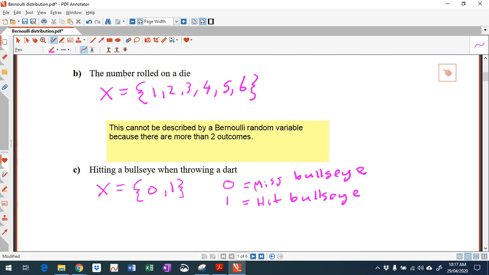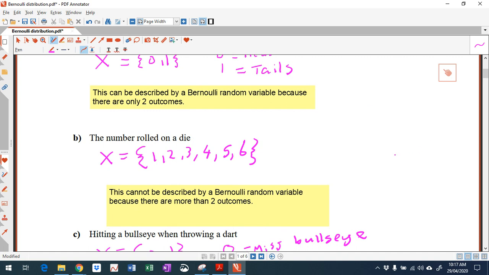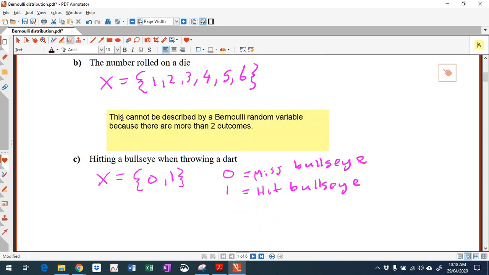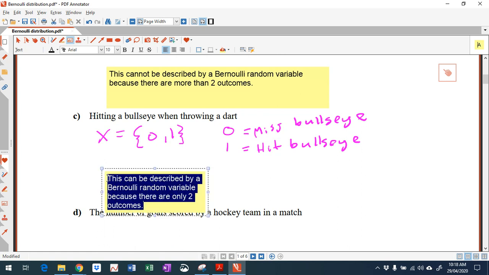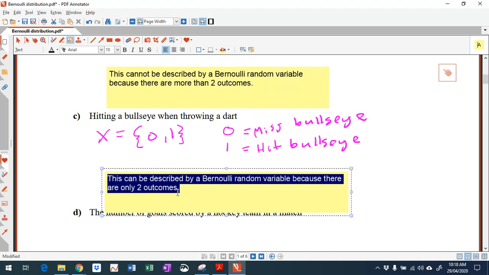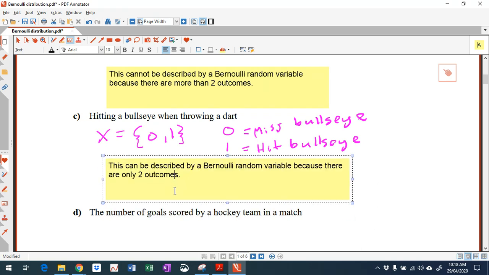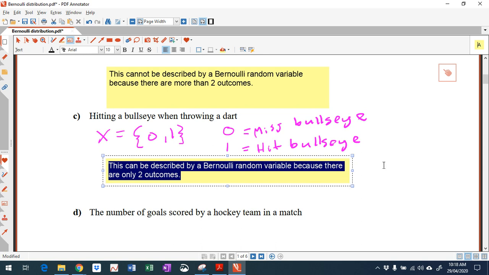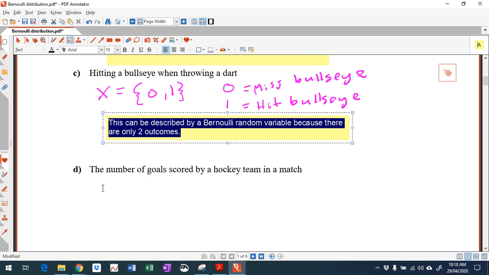In terms of our answer, it'll be the same as this one. So this can be described by a Bernoulli random variable because there are only two outcomes. That's correct.